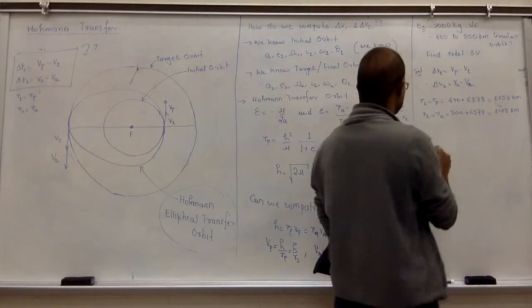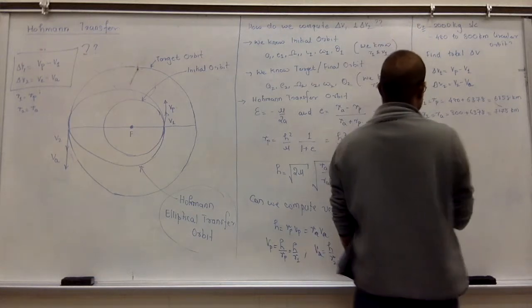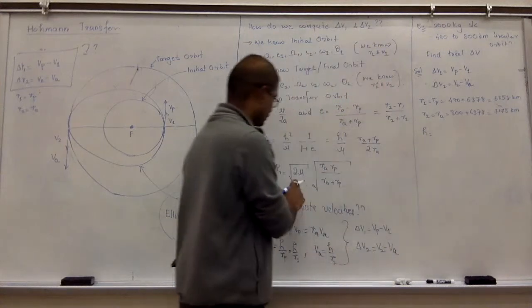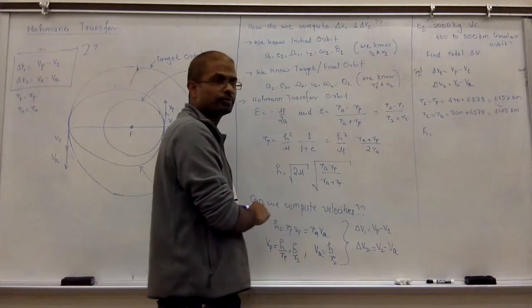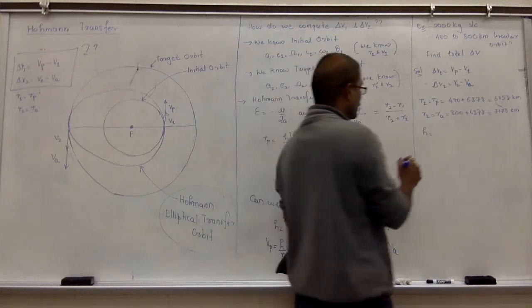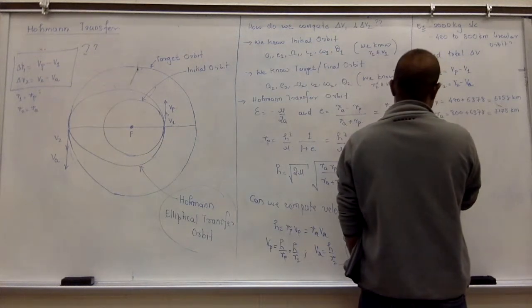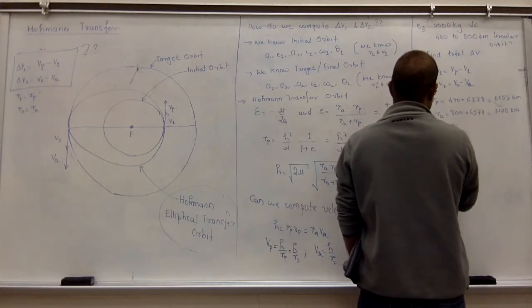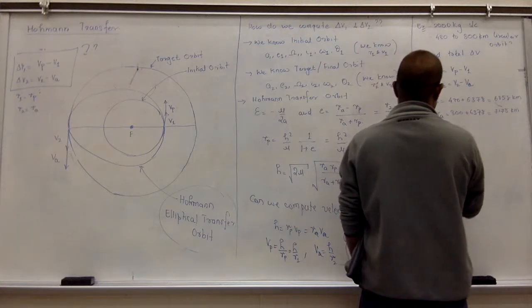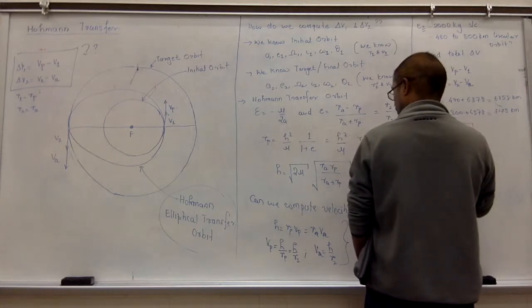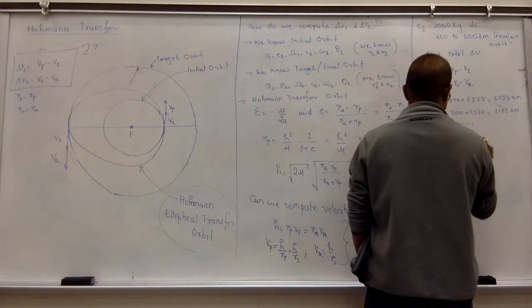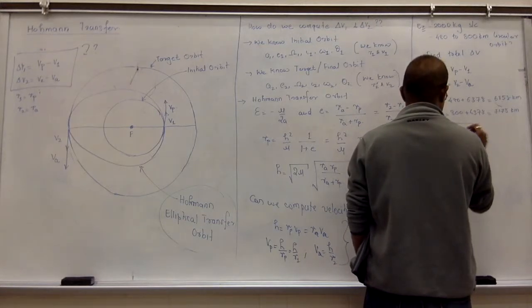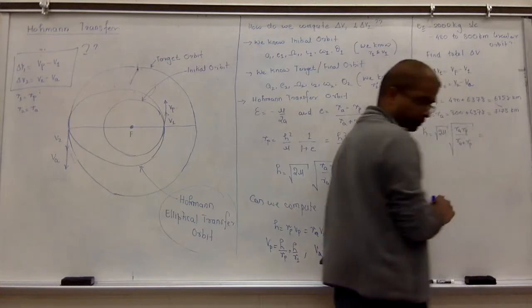So what is h? We know everything over here, right? So h is the square root of 2 times the square root of RP divided by RA plus RP, times the constant.